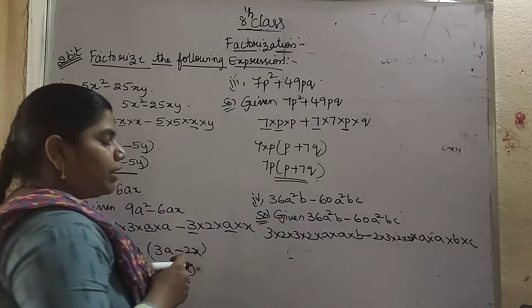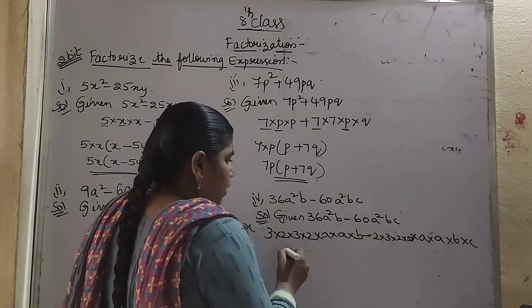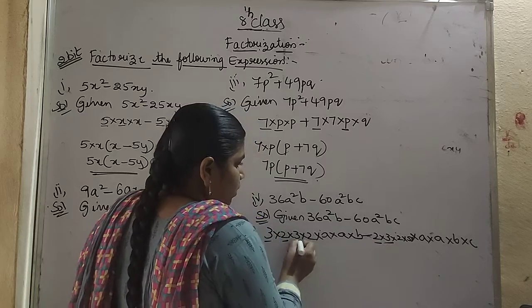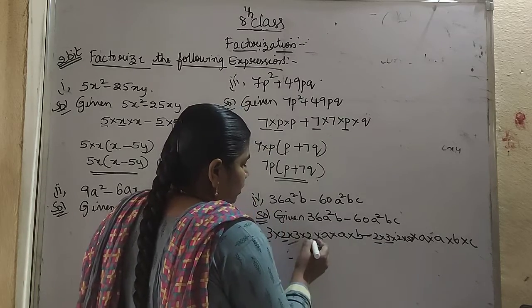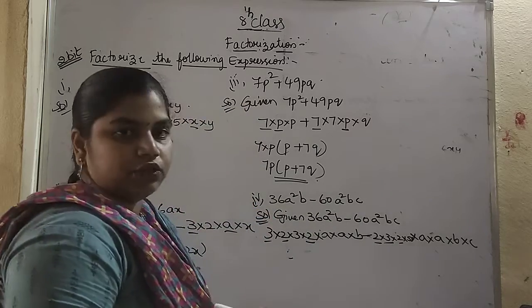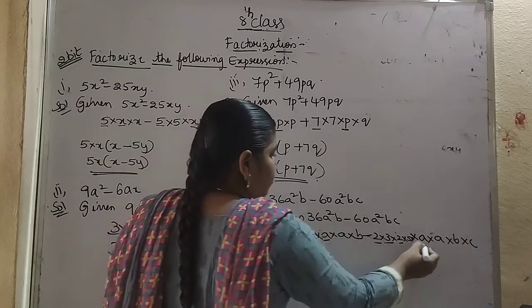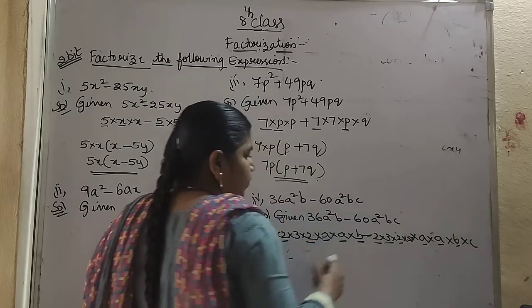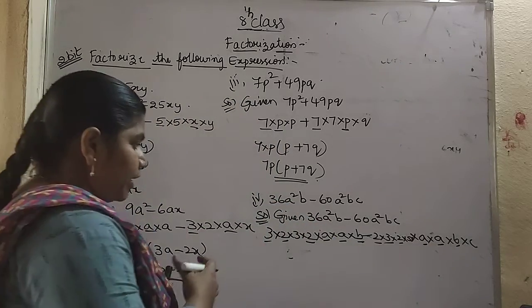So now we can take out the common factors. Here 3, 2, 2 are common. So the remaining terms we have to arrange in the bracket, and here a, a, b. So these are the common terms we have to write aside.